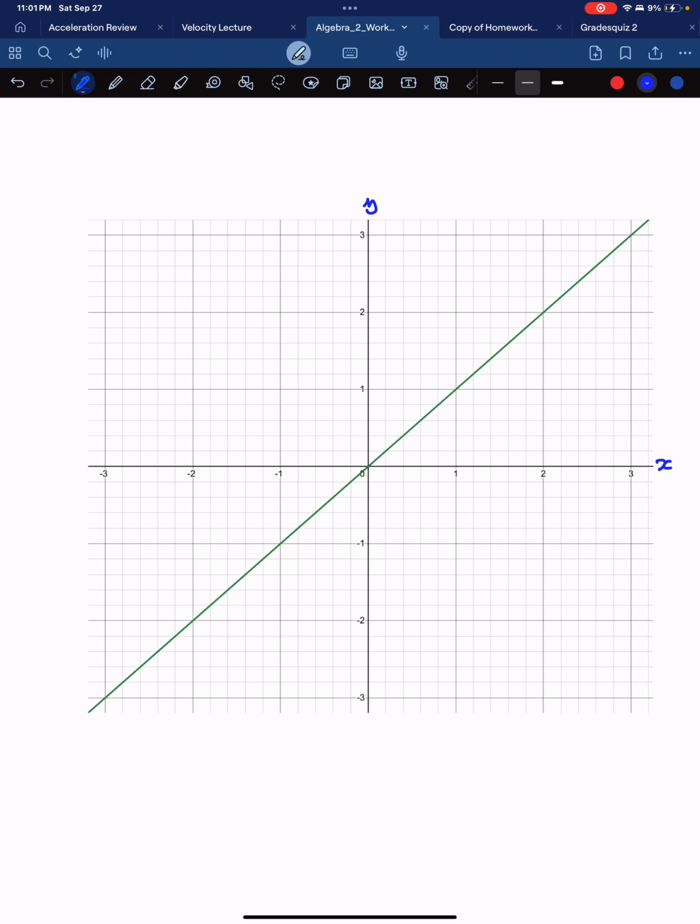Some people like to say rise over run. The rise is the change in the y-axis, and the run is the change in the x-axis.